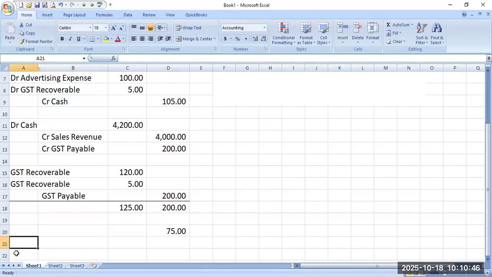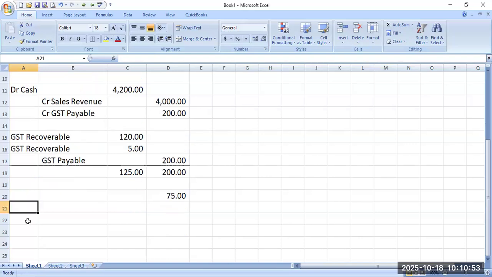How are we gonna pay it? Obviously, cash. Once we do the cash, which account we're gonna debit? GST payable, with $75.